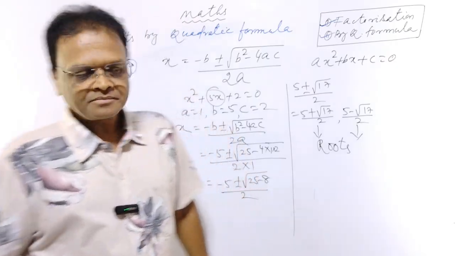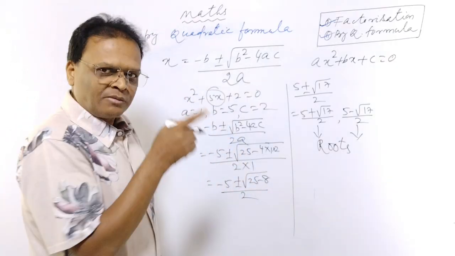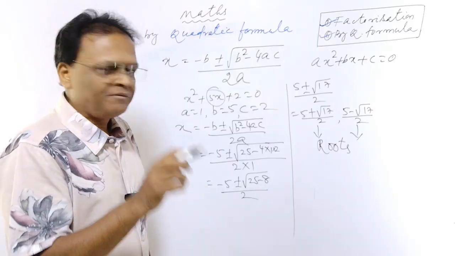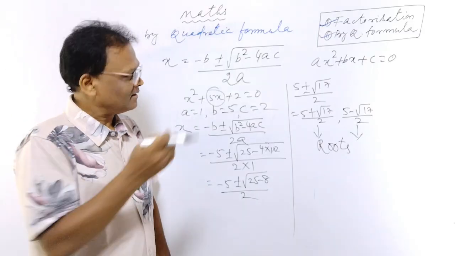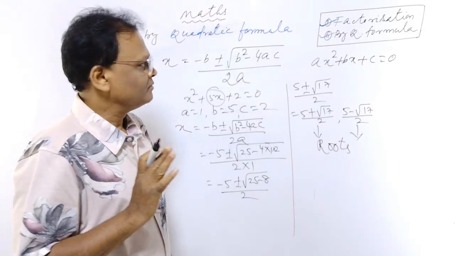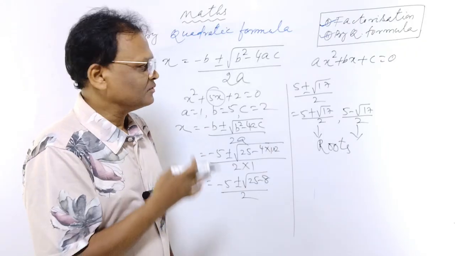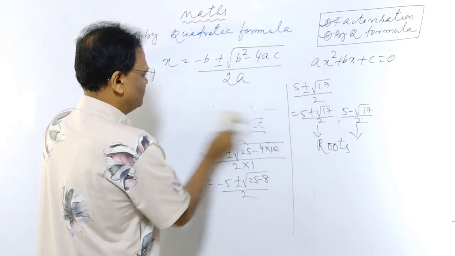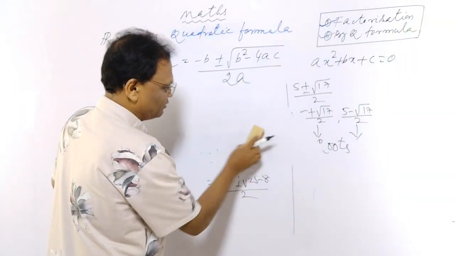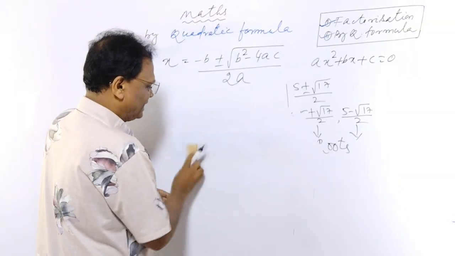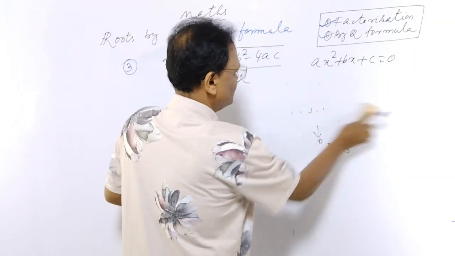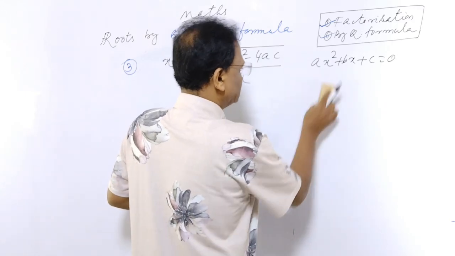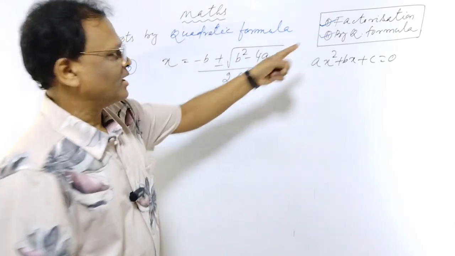Now even if splitting is possible, I can use this formula there also to get the roots. How to use? Let me take one more quadratic equation where we can use both methods, the splitting method as well as the quadratic formula method.